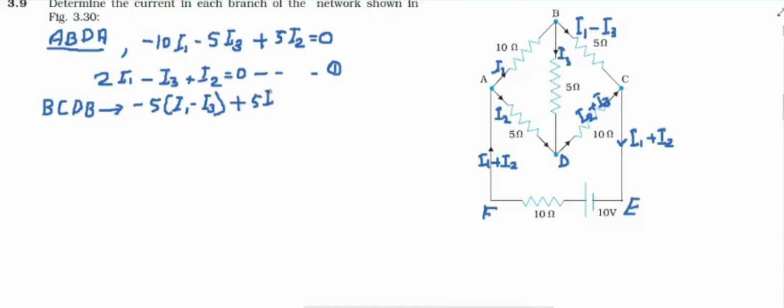In that loop you can see the current is in anti-clockwise direction, plus 10 into I2 plus I3, because in branch DC the current is in anti-clockwise direction. Here also there is no cell, no EMF, so you can take it as 0.